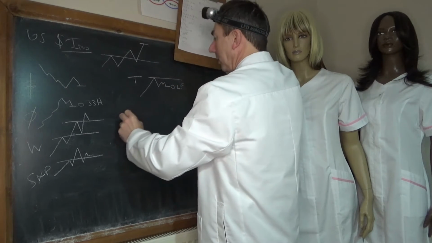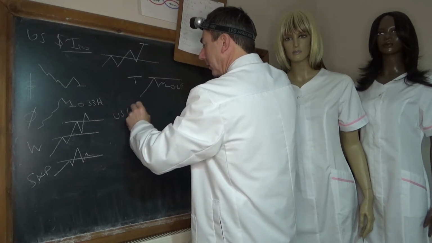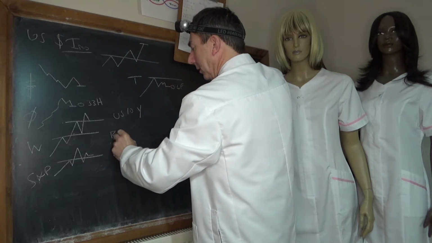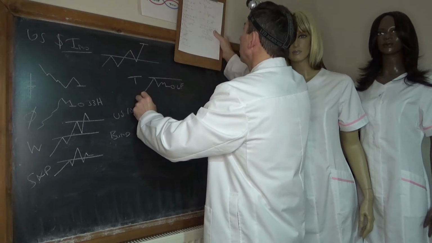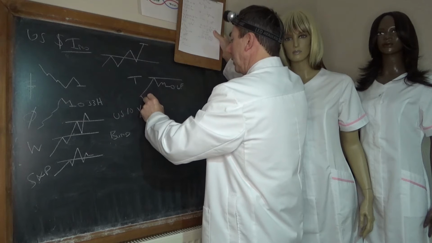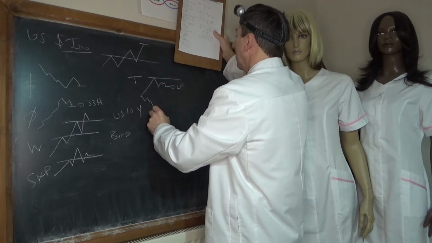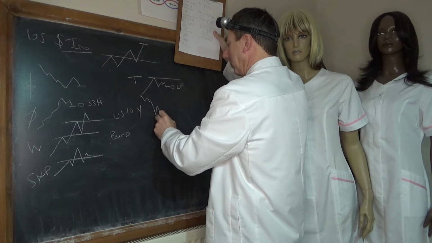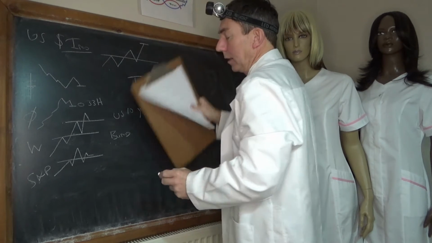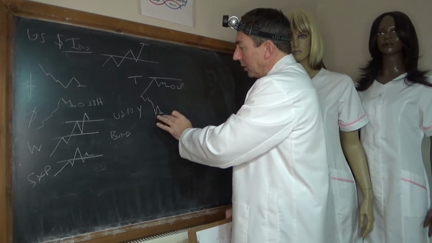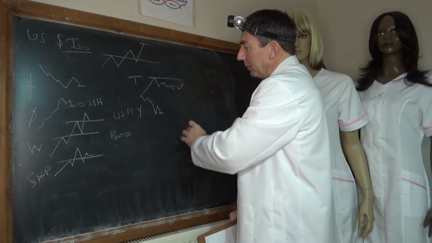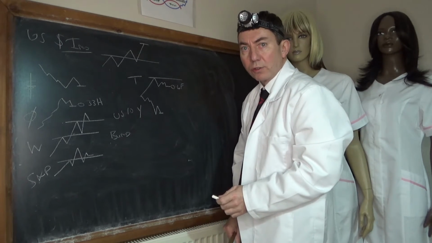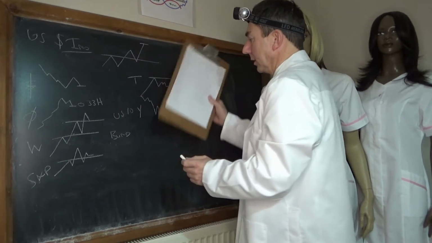Right, US 10-year and the bond. These are bonds then. So US 10-year, the price has gone back to the double bottom, which means that the yields are at their extreme recent highs.